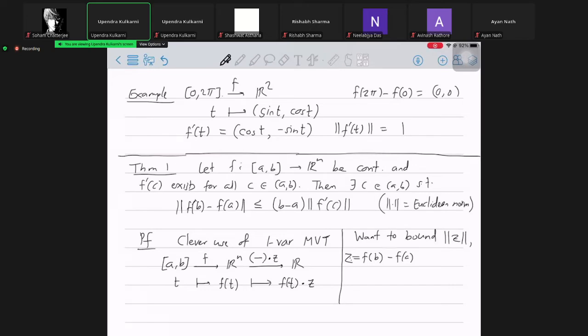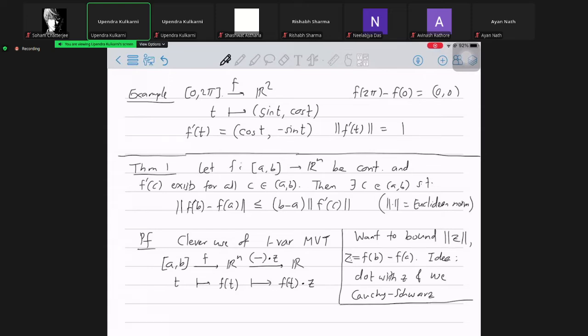Okay, excellent. So let's take a look at this. The idea: dot with z and use Cauchy-Schwarz.